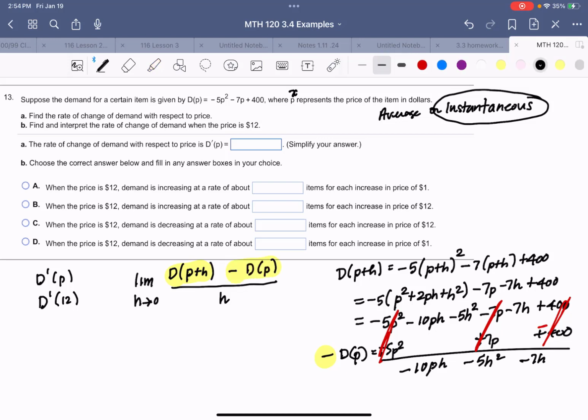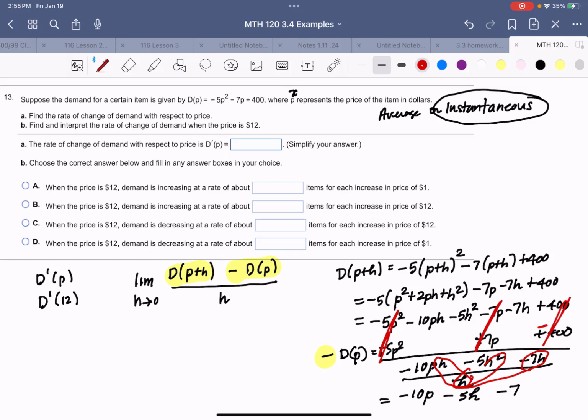Now the last thing in my formula is I have to divide all these by h and then take the limit. So that's going to be a negative 10P, a minus 5h, and a minus 7, because I'm going to apply this h to all three of these. It's a common denominator for all three.